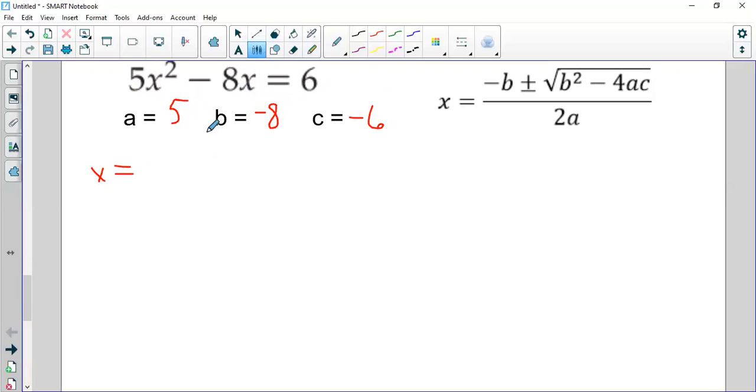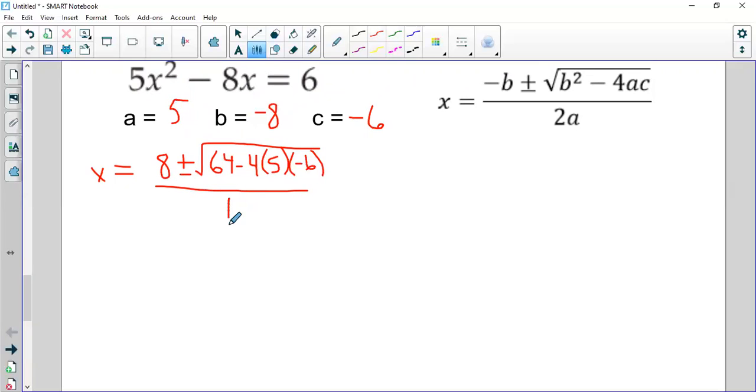X is equal to negative B becomes positive 8 plus or minus the square root of b squared, 64, minus 4 times a times c. And that whole thing is all over 2 times a. 2 times 5 is 10.